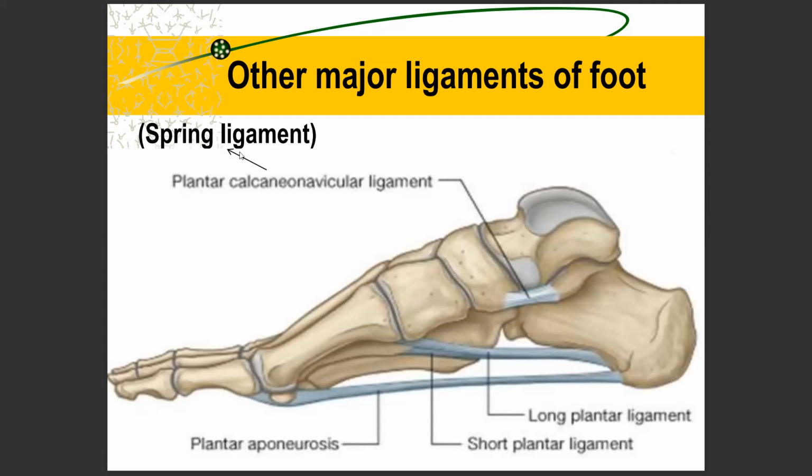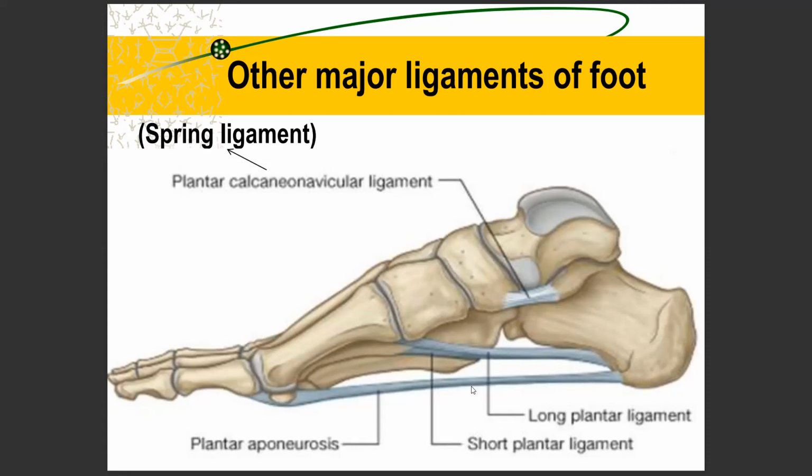This ligament is known as the spring ligament. This is very important to remember. Often in exams the question comes: which ligament is known as the spring ligament? The plantar calcaneonavicular ligament is known as the spring ligament.